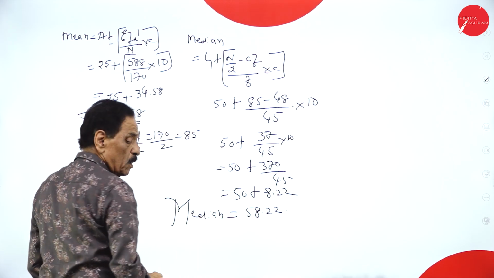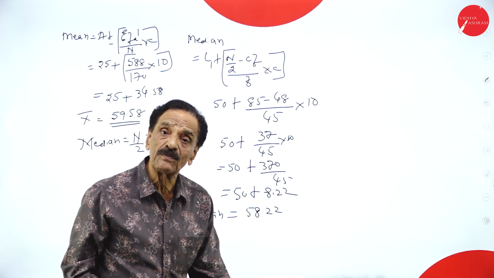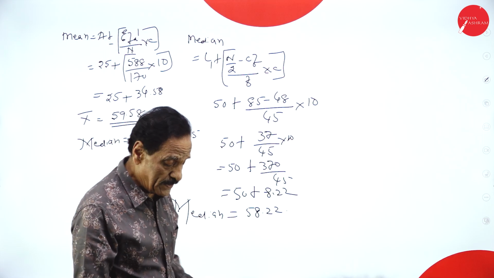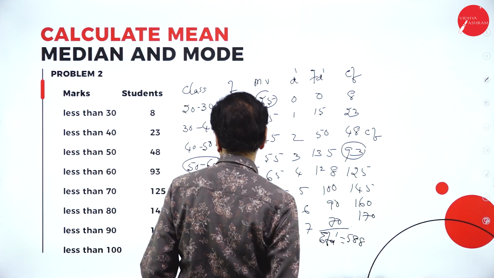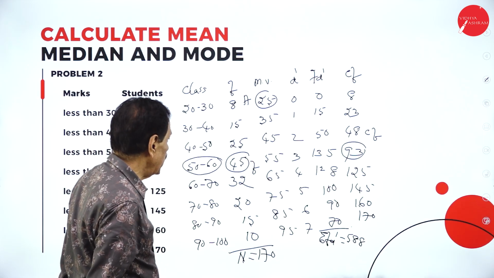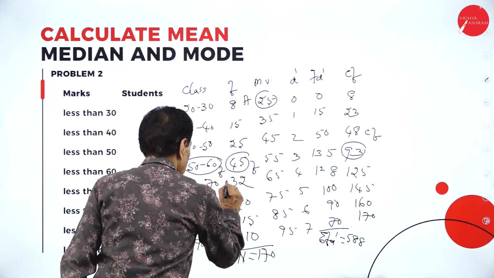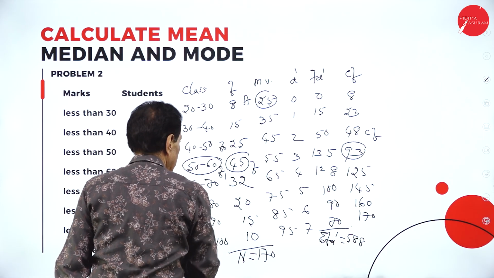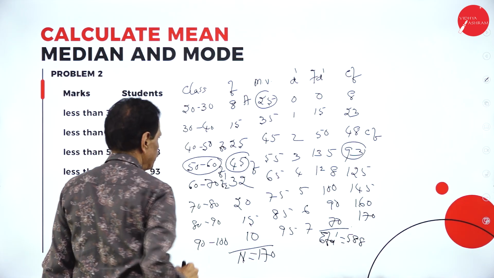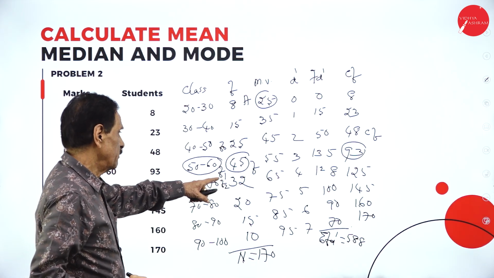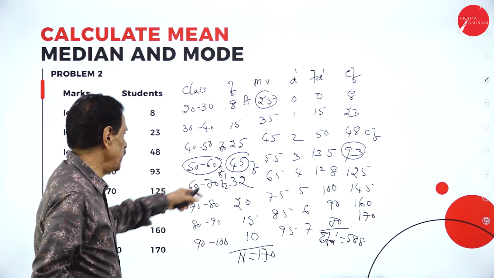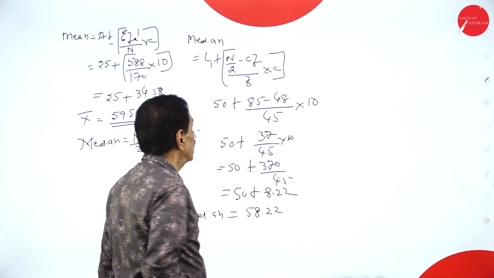Now you go to mode. Mode lies in the highest frequency. See the problem? Which is your highest frequency here? 45. This is your F1, behind is F0, next is F2. Highest is 45, range 50 to 60. We'll write the formula.